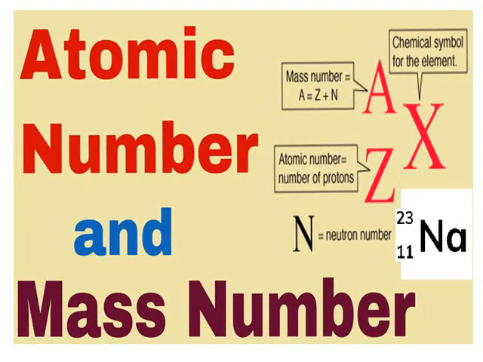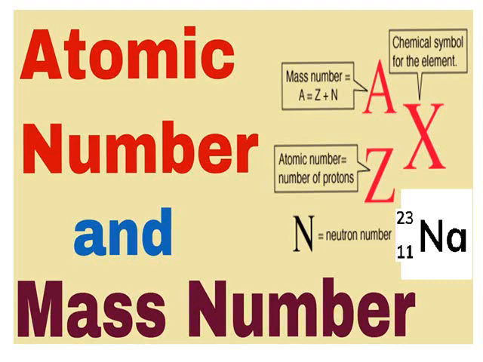Now children, we have learnt what an atom is, what the structure of the atom is, who all the subatomic particles are, what charge they have individually, and what the charge of an atom is as a whole. All this we have studied.